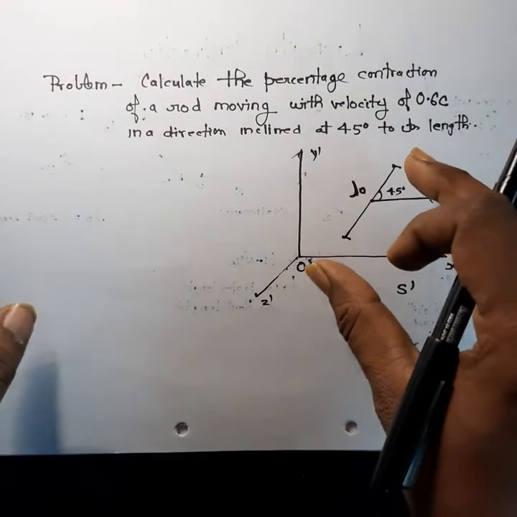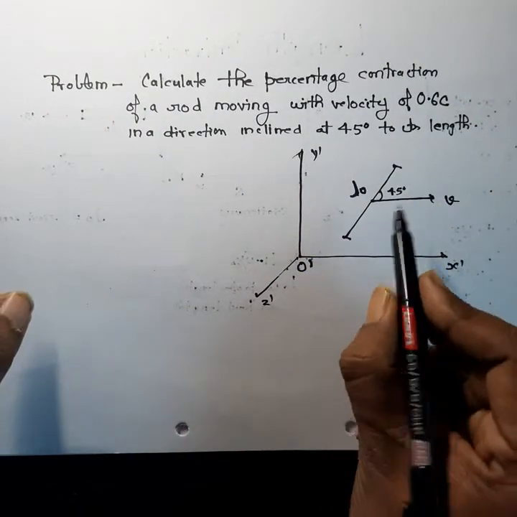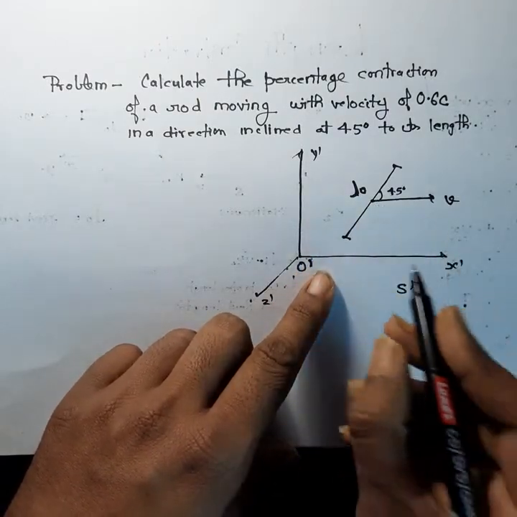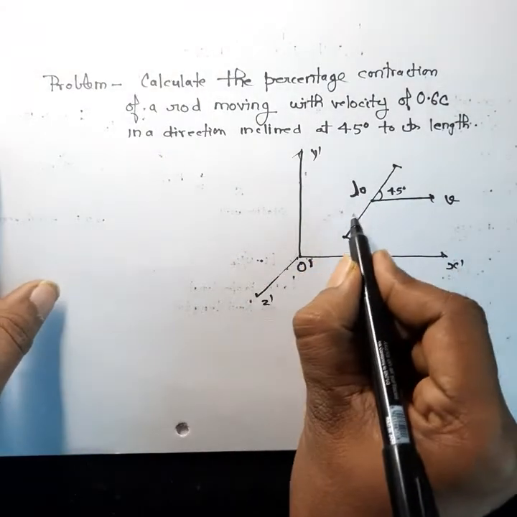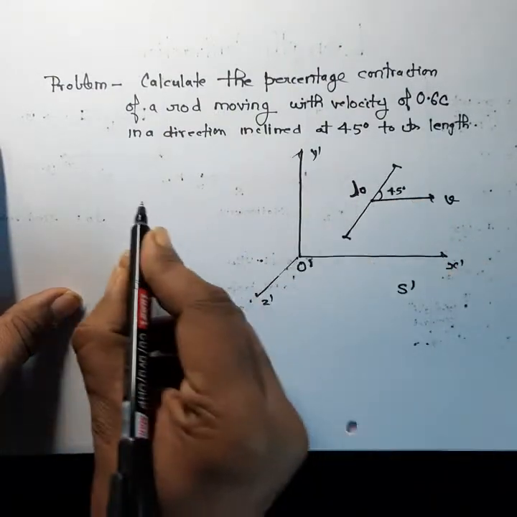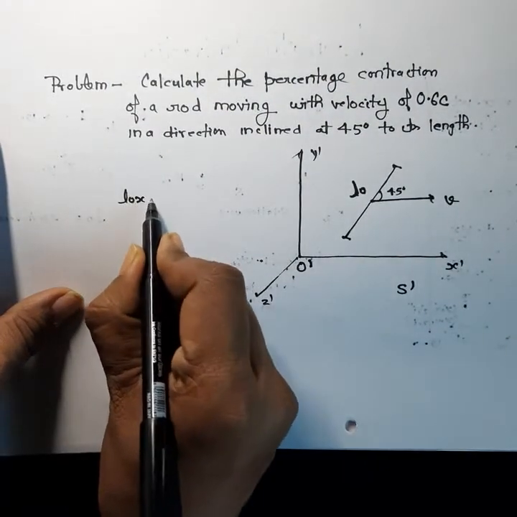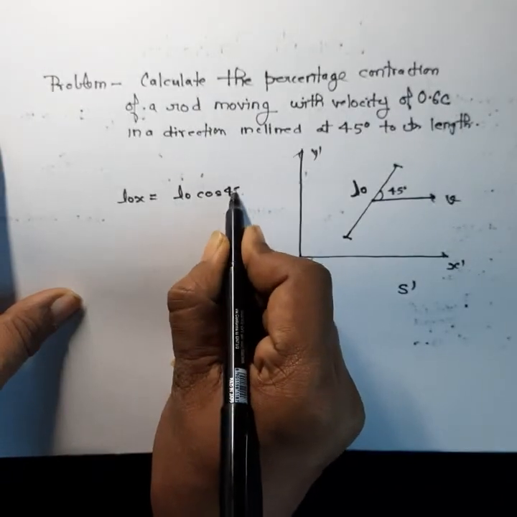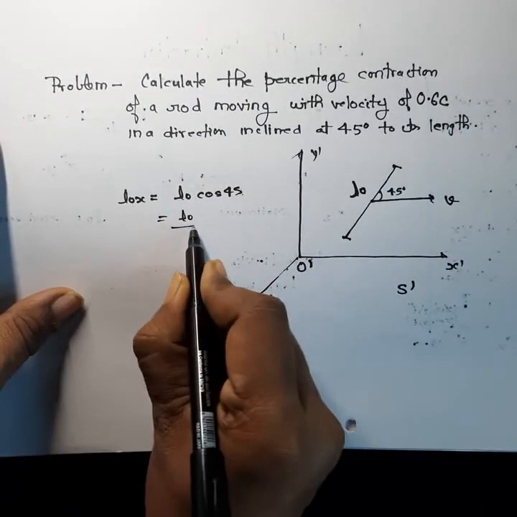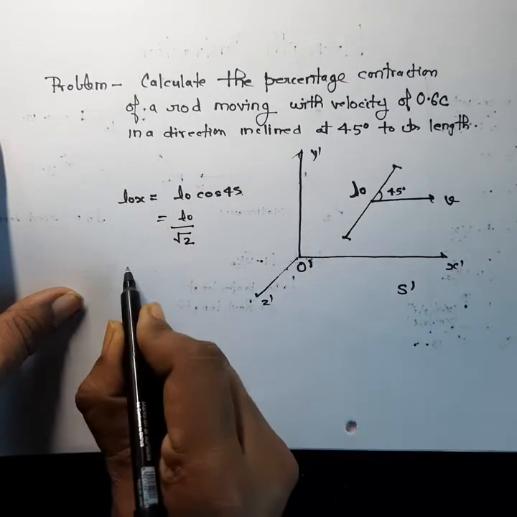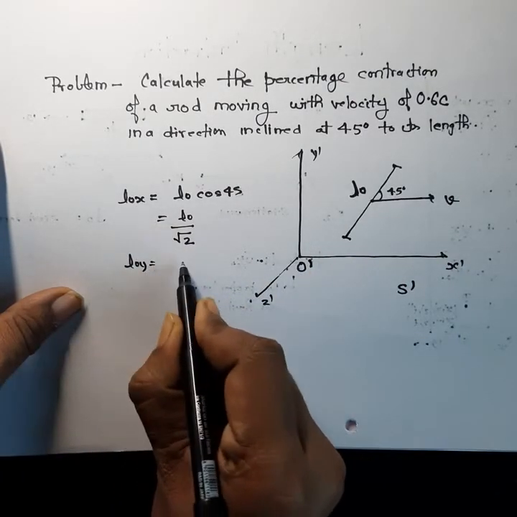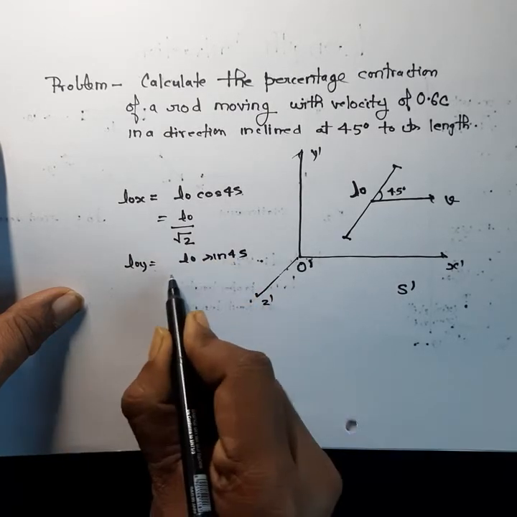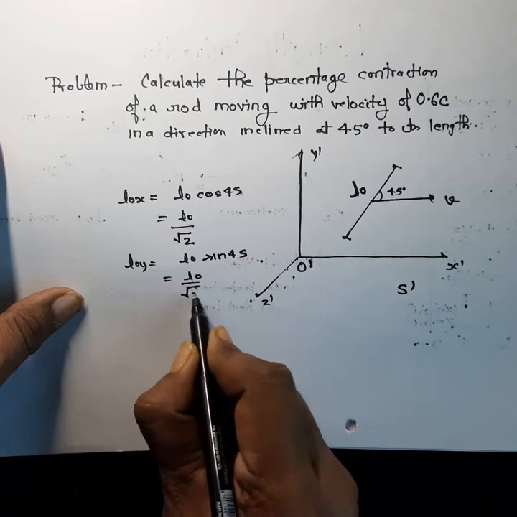Since the rod is moving with velocity v and it is inclined at 45 degrees, you can take the resolved components of this rod. L0x will be L0 cos 45 degrees, that is L0 by root 2, and L0y is equal to L0 sin 45, which is again L0 by root 2.